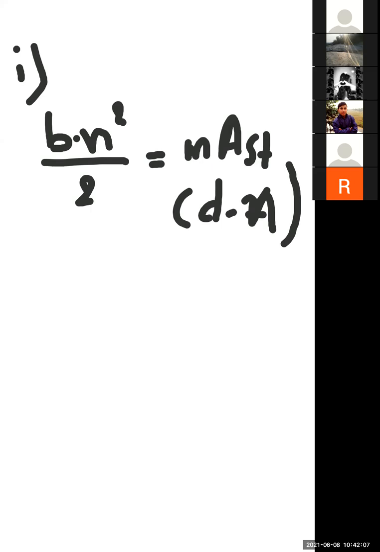Yes, ma'am. In that case, we have the value of B here, M here, AST here, D here. Then put all the values. After putting all the values, we get the value of N here. Then you guys tell me, after solving this, what we get.